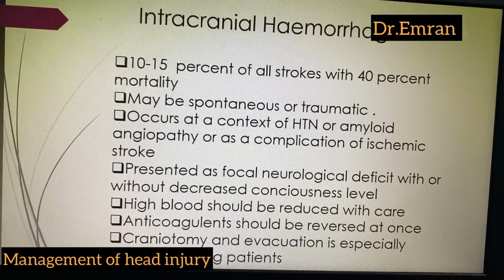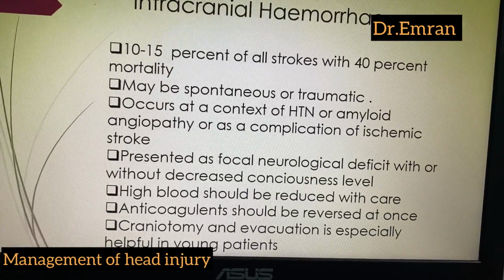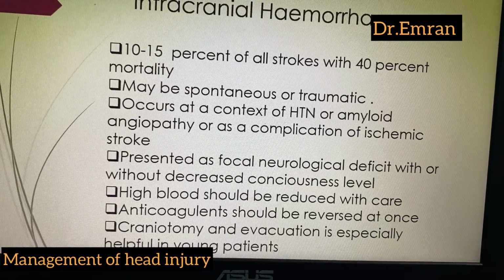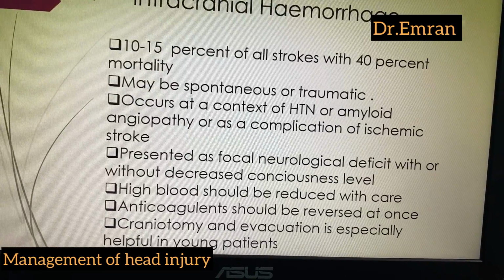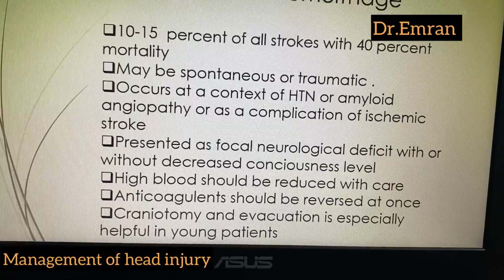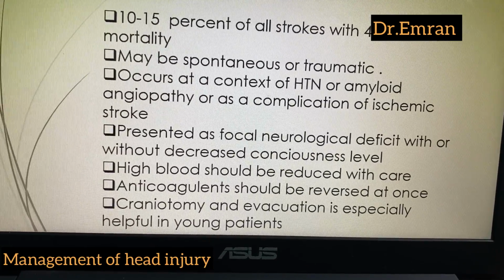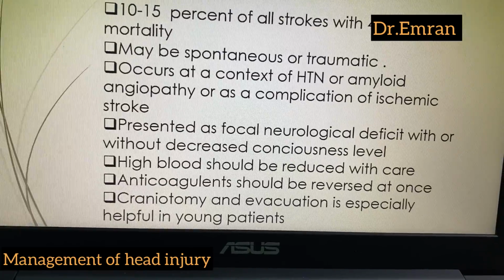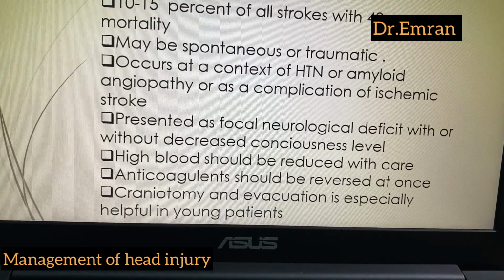Now I am going to intracranial hemorrhage. You all know that it accounts for 10 to 15% of all stroke patients, with 40% mortality, and occurs in the context of hypertension, amyloid angiopathy, or as a complication of ischemic stroke, presenting with neurological deficit with or without decreased consciousness level.